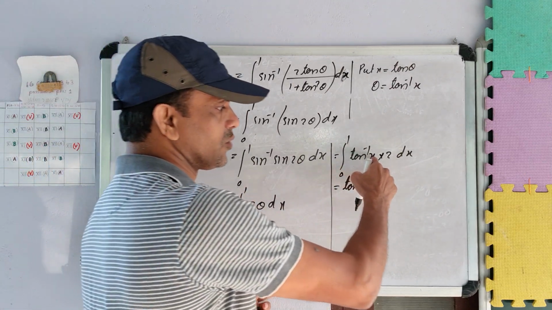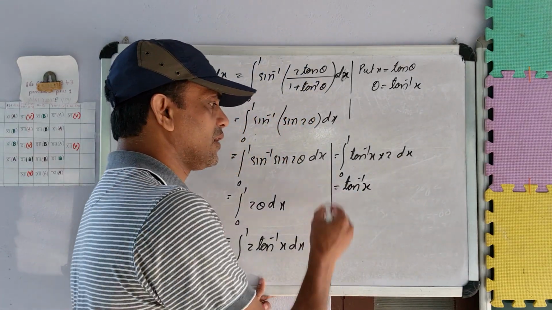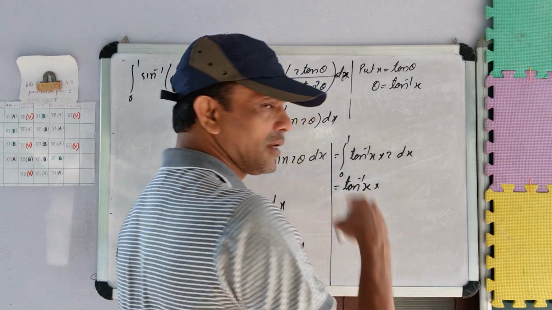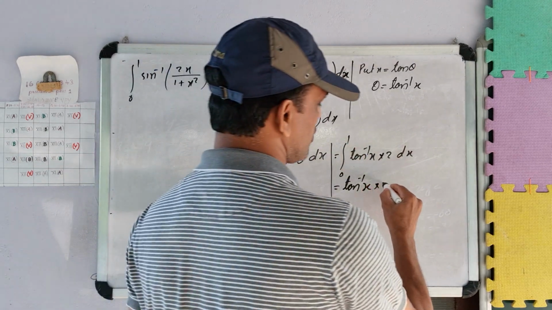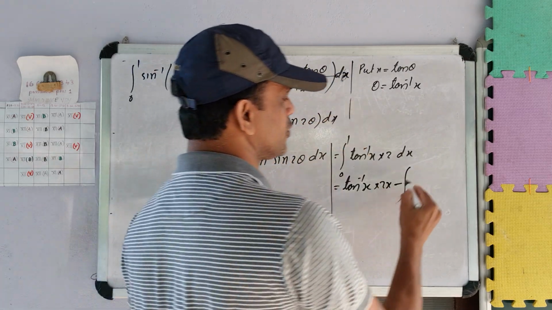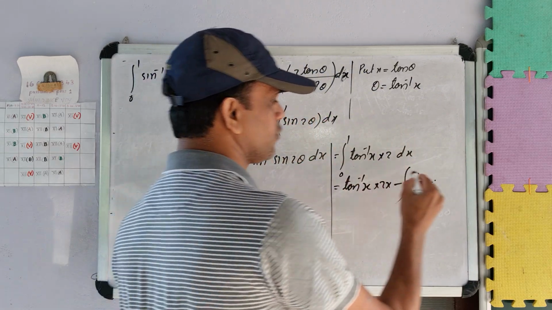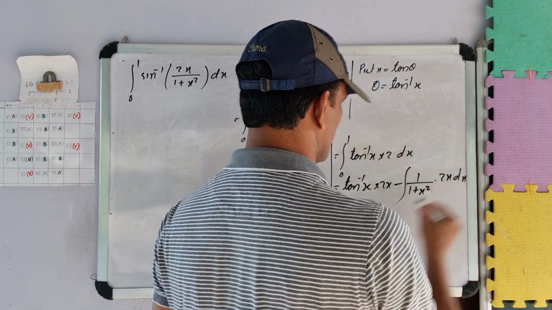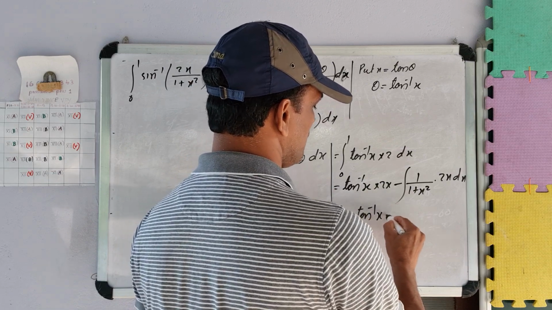So tan inverse x must be the first function. So I write: tan inverse x times the integral of the second function, minus the integral of the derivative of the first one, 1 over 1 plus x squared, times the integral of the second one, 2x dx, which equals 2x times tan inverse x minus.